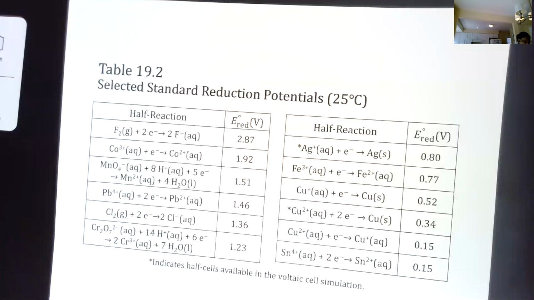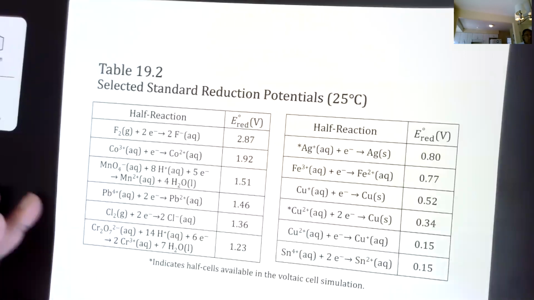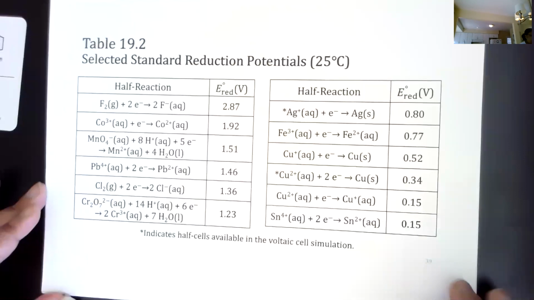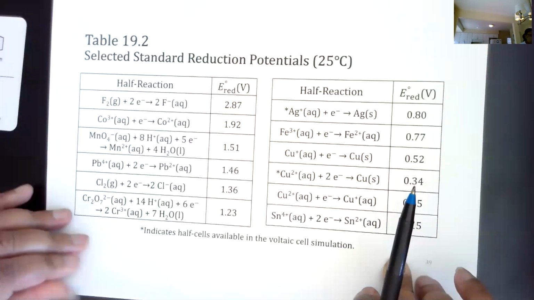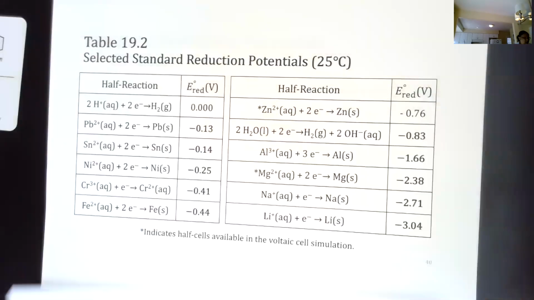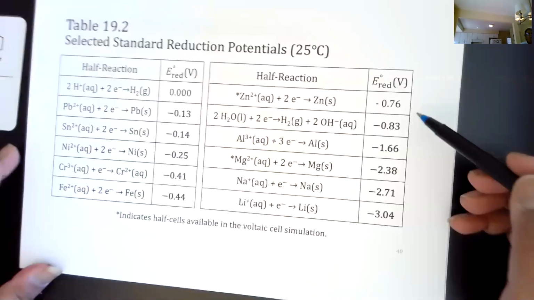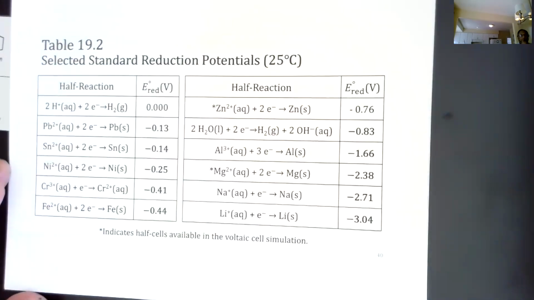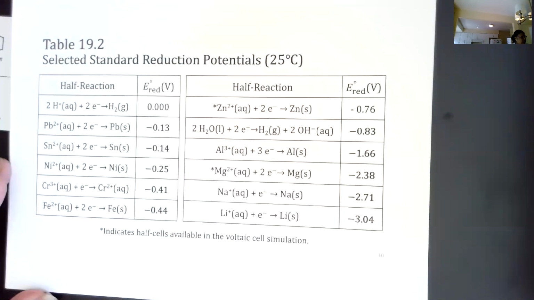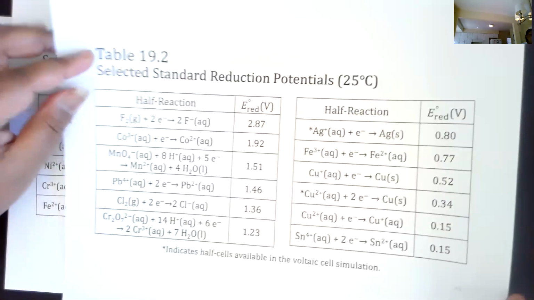And here's the table that's in your textbook. I put it all together. And these values were not correctly entered in the textbook, so I had to fix it by looking at other sources. So look at these values.